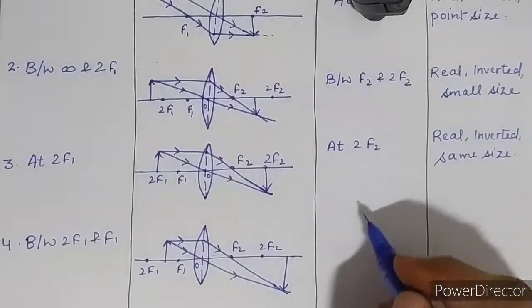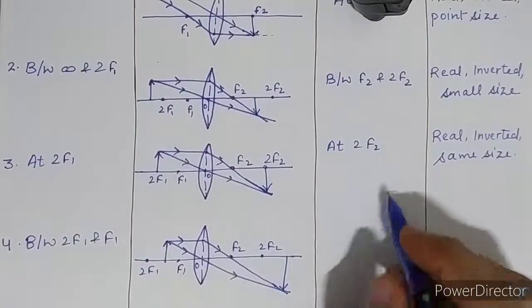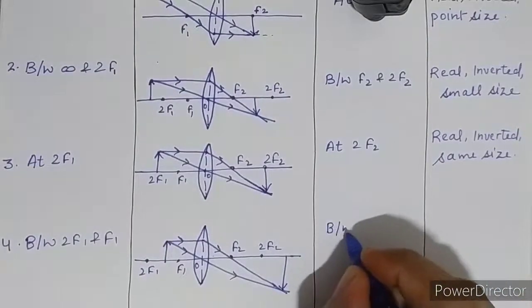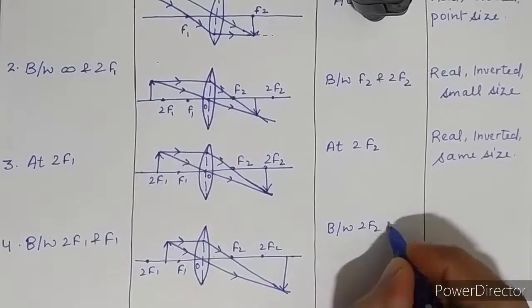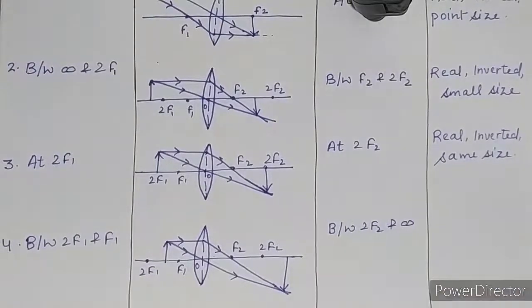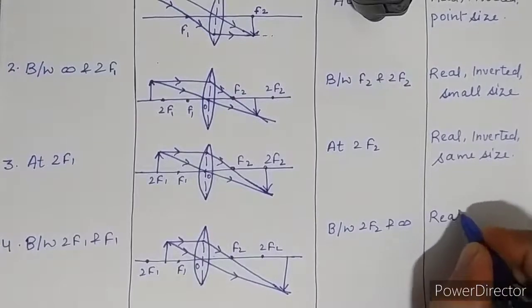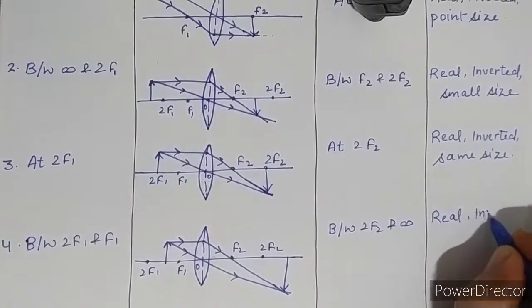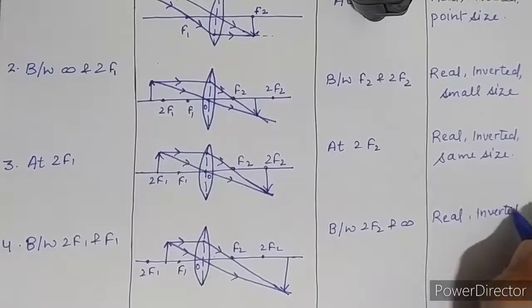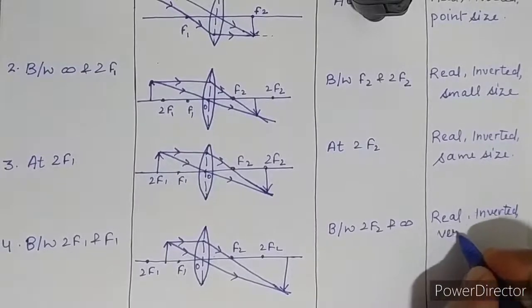So the image has been formed between 2f2 and infinite, or you can say beyond 2f2, and its nature is real, inverted, and size is very large.